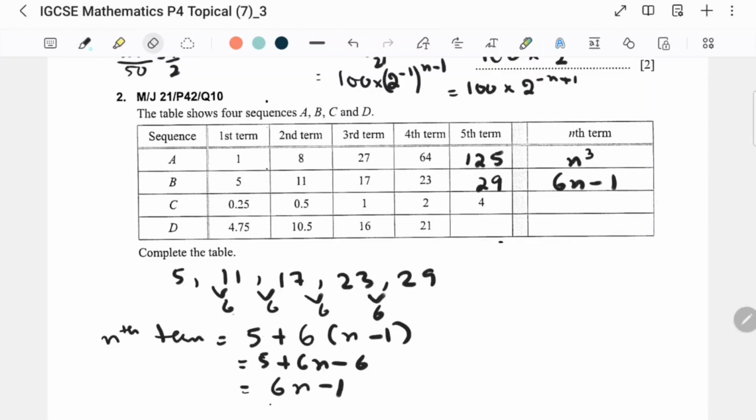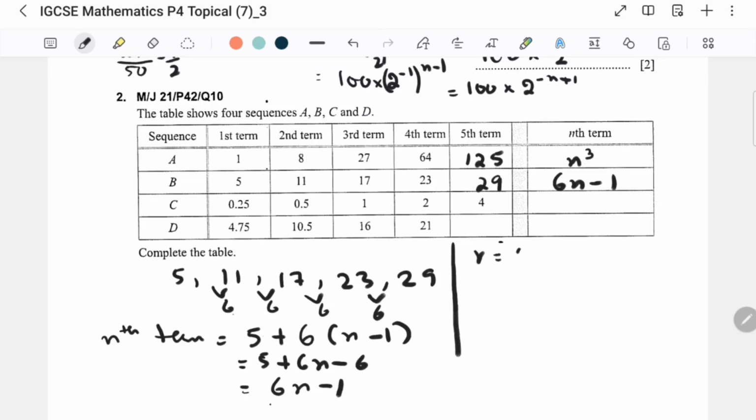Okay, now the third sequence: 0.25, 0.5, 1, 2 and 4. Obviously you can see the number is multiplying by 2, so it's a geometric sequence.